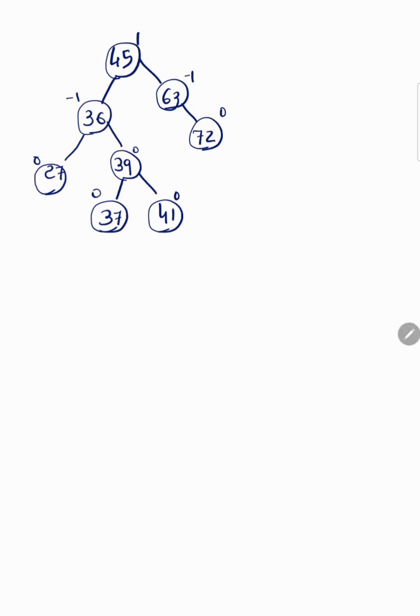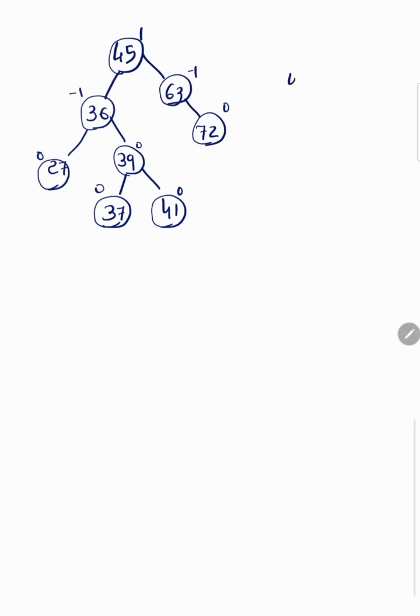It's not 2 minus, it's 3 minus 2, so it's a 1, right? So in this scenario you have this. Now if I delete 72, again the same, I'm deleting, right? Now if I delete 72, that means again I'll have this 45.